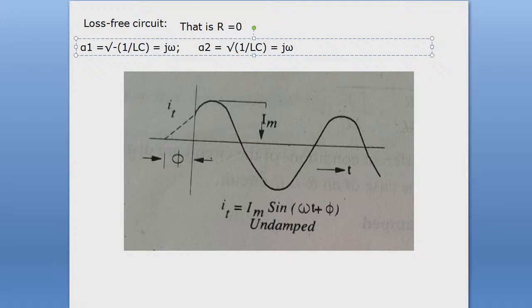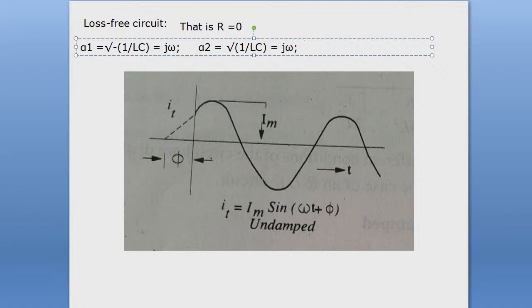After implementing this condition, we can write alpha 1 equal to the square root of minus 1 by LC, and alpha 2 equal to plus square root of 1 by LC, and 1 by LC is nothing but omega.